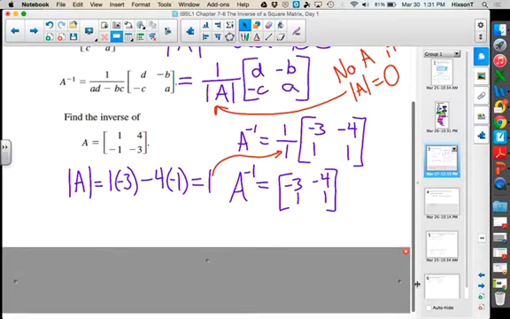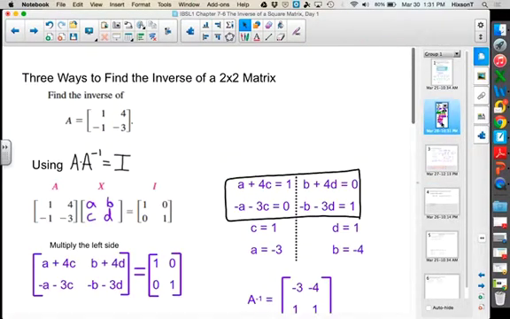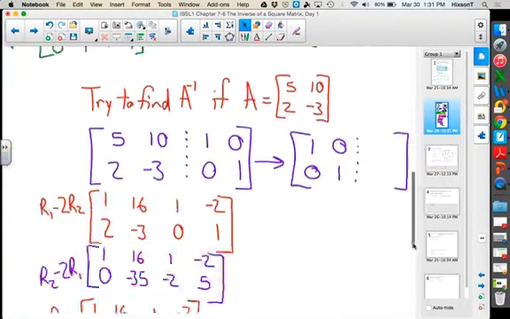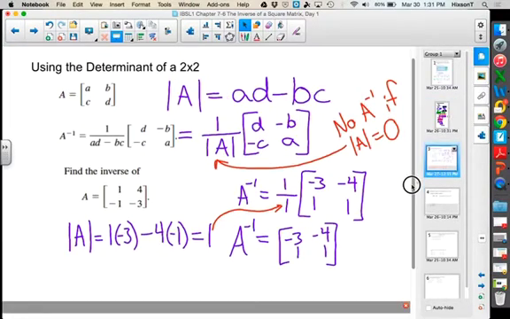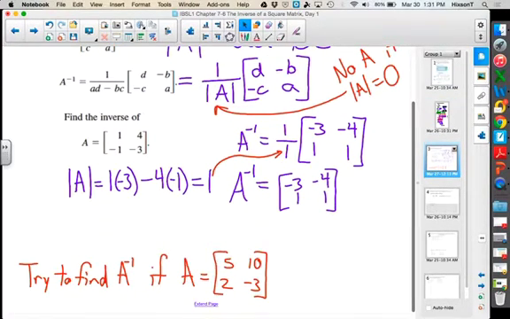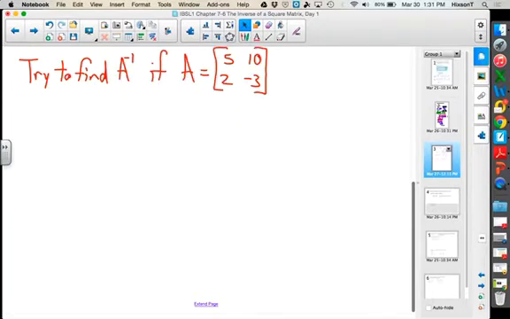Alright, so you guys found that this problem was a real pain to do using echelon form. Let's do it using this method. What are the numbers? 5, 10, 2, -3. Okay? Try finding the determinant first.